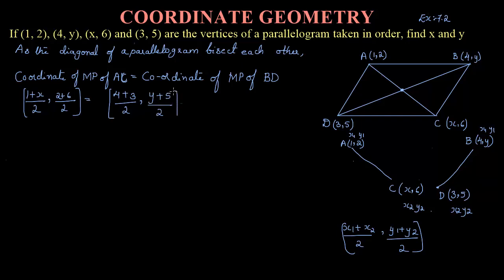Right? So you can observe that the first part of this bracket and the first part of this bracket is the x coordinate, and the second part of this bracket and the second part of this bracket is the y coordinate. Because we have unknown values in the first part as well as in the second part, let us equate the x coordinate.